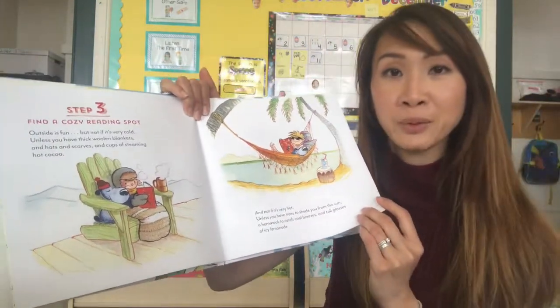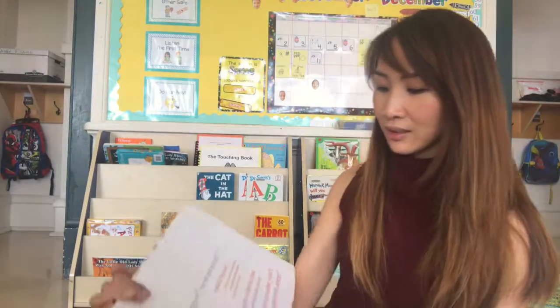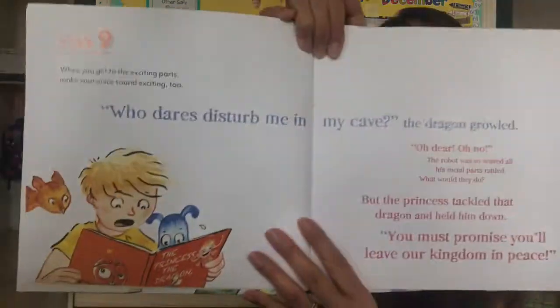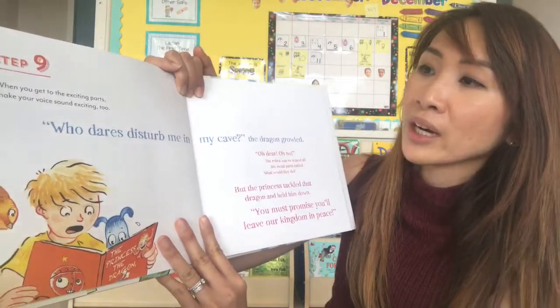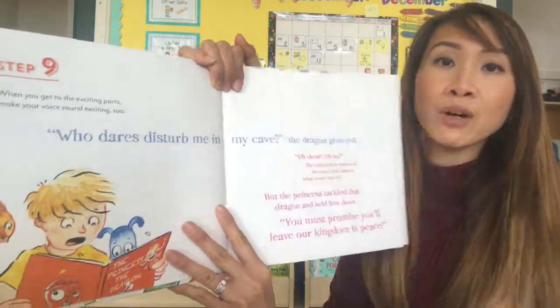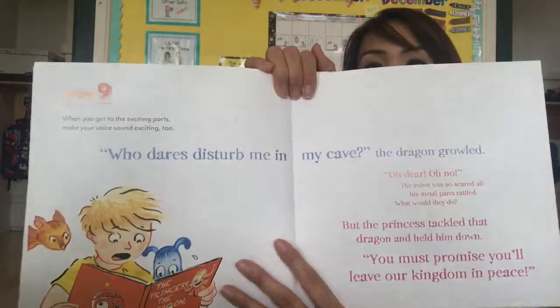We want to be comfortable when we're reading. As we go on, step 9, use your exciting voice for exciting parts. So these are great ways for parents and families to understand how we're learning and teaching reading at school.